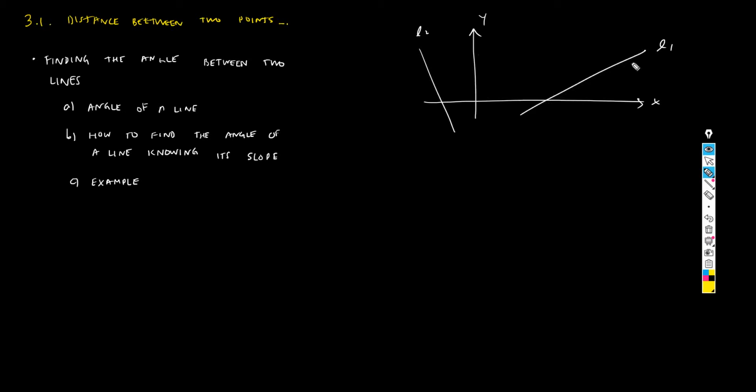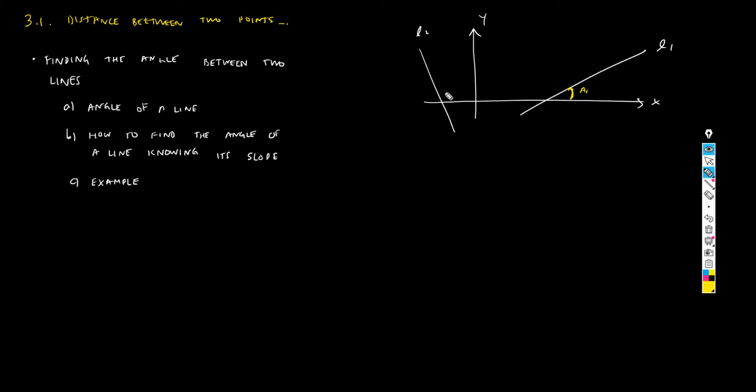For example, the angle of line 1 is this angle, okay? It's basically the angle that it makes with the positive x-axis. You start in the positive x-axis right here, and then you rotate counterclockwise in that direction. That's why the arrow, and that's what we know as the angle of this line.